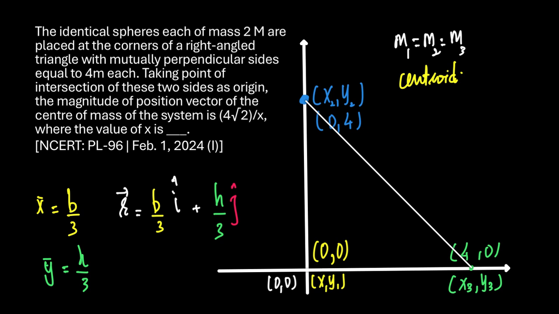So if these conditions are satisfied, we can use this approach, where the coordinate of the centroid represents the coordinate of center of mass, which is given by x bar is equal to b by 3, which is this length by 3, and y bar is equal to h by 3, which is this length. So maybe we can write this as O, A, and B. So OA by 3 and OB by 3. And if we have x bar and y bar, we can say that the vector representing the center of mass, R COM, can be written as x i plus y j, which is b by 3 i cap plus h by 3 j cap.